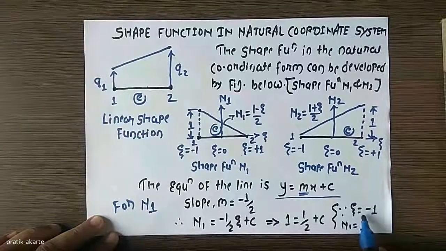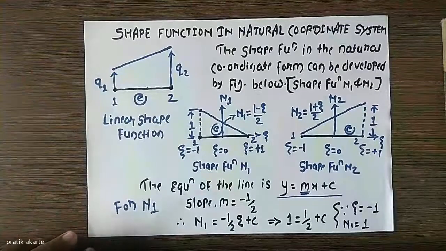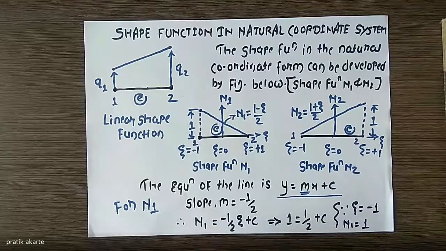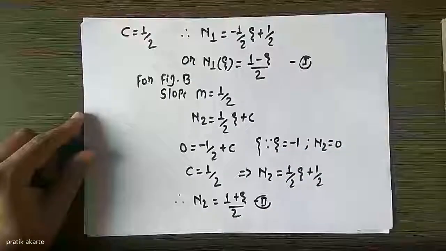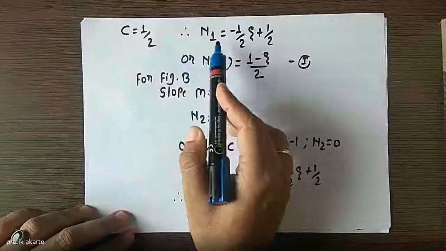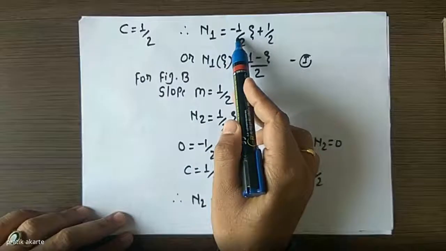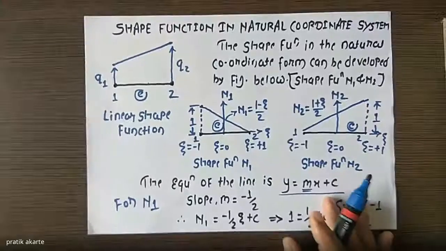Putting these values, N1 = 1 and zeta = minus 1, we get 1 = minus 1 by 2 times minus 1, plus c. From this equation, we can find c as 1 by 2. Putting the value of c into the equation, we get N1 = minus 1 by 2 zeta + 1 by 2.